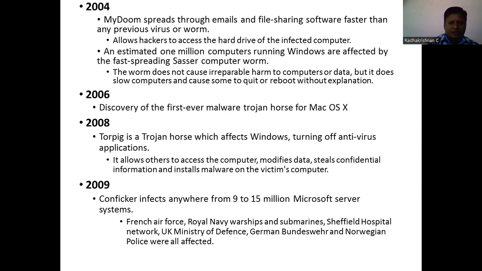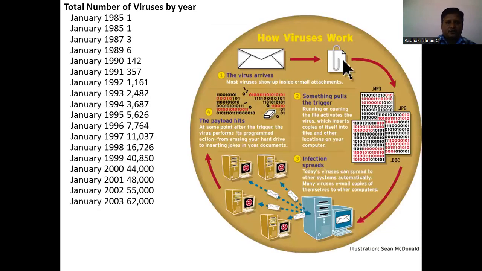In 2009, Conficker infected from 9 to 15 million Microsoft systems. The total number of viruses by year: in January 1985, 1; in January 1987, 3; in 1990, 142; in 1993, 2,482; in 2002, 55,000; and in January 2003, 62,000 viruses. This is the way viruses have grown.